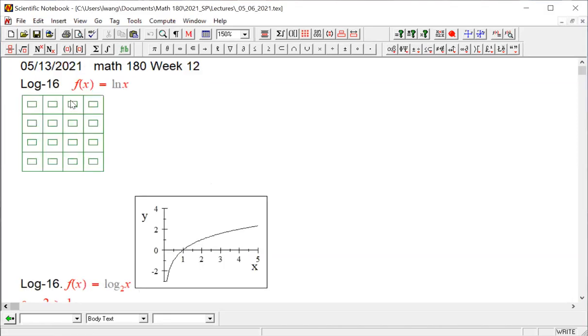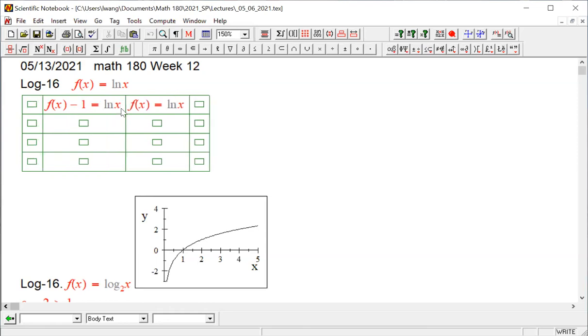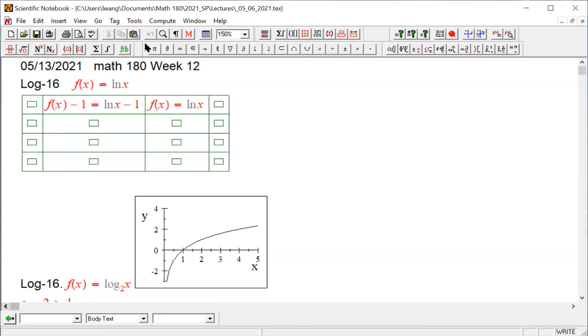Okay, f of x equals ln x, and this one is ln x plus, minus 1, and ln x plus 1.